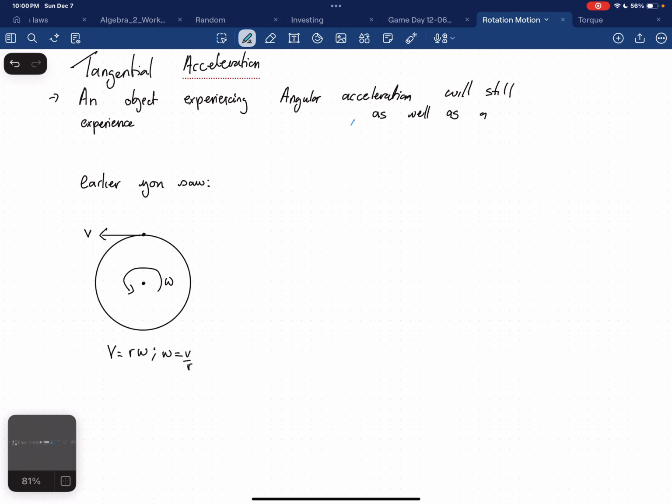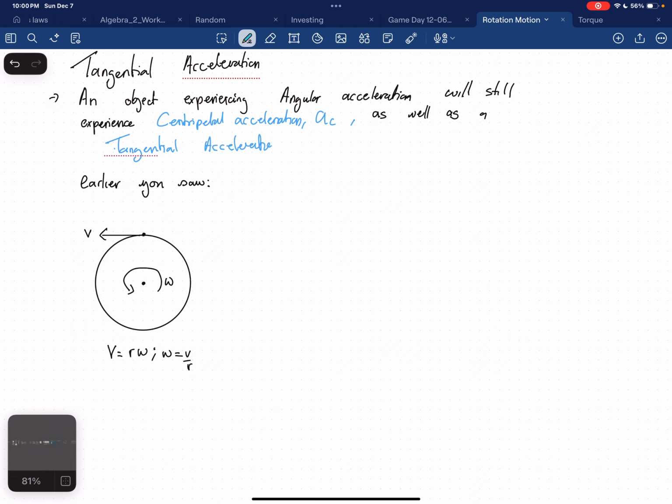And lastly, tangential acceleration. All right. An object experiencing an angular acceleration will still experience, I think we've seen before, centripetal acceleration, and we've seen AC, right? As well as a tangential acceleration.